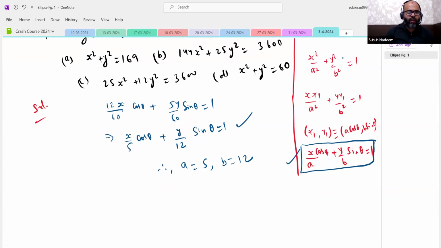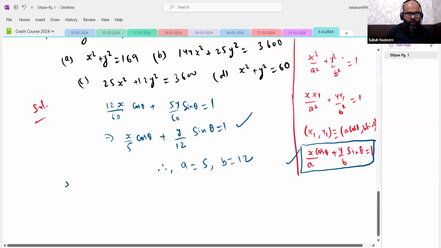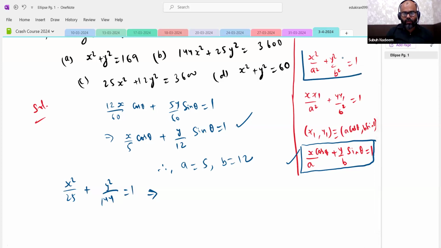So what will be the equation of the ellipse? x square by a square, that is x square by 25, plus y square by b square, that is 12 square, 144, is equal to 1. This will be the equation of the ellipse. Now let us take the LCM. It will be 144x square plus 25y square is equal to 25 into 144. So what is 25 into 144?